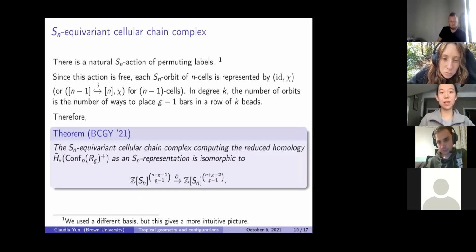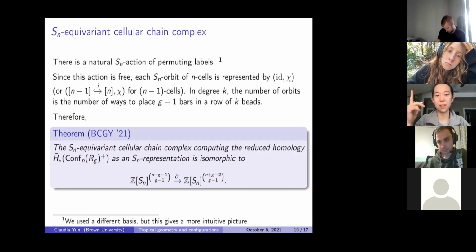So now we have all these configurations and all these descriptions for the cells, and we see that there is a natural Sn action on the cells by simply permuting the labels.